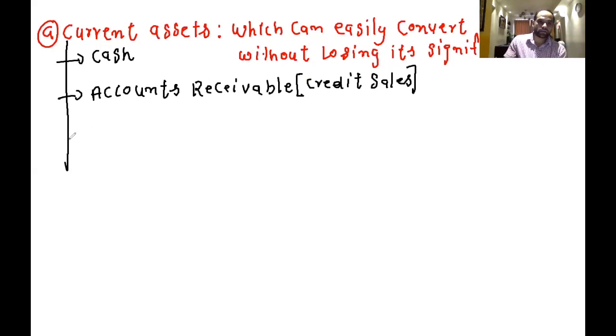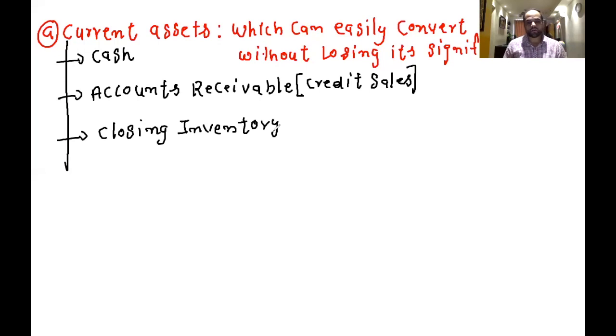And third component of current assets is closing inventory. Now, what does it mean, closing inventory?